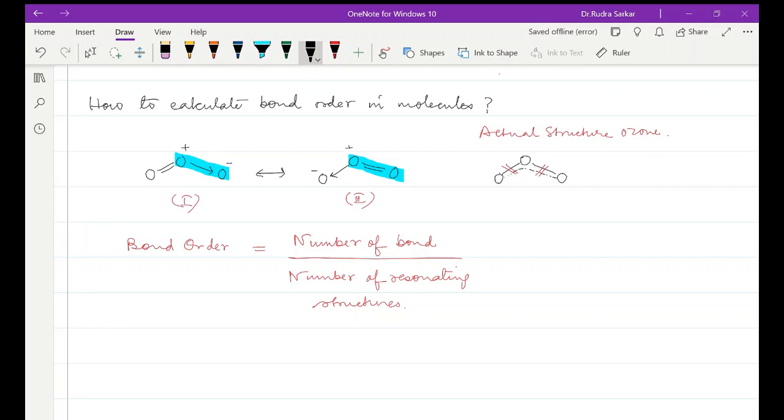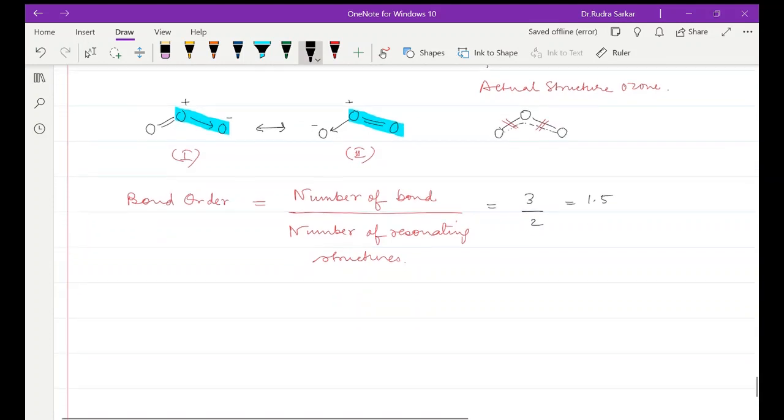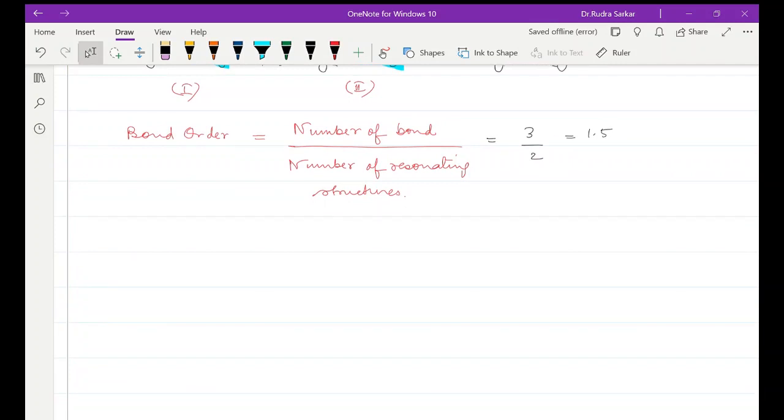So in total, for these two resonating structures, the number of bonds between these two atoms which are highlighted, we will say it is 3. What is the number of resonating structures? 2. So what should be our answer? 1.5. Okay.